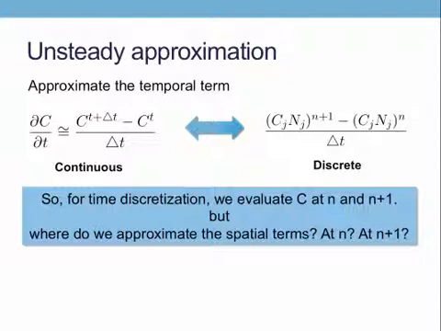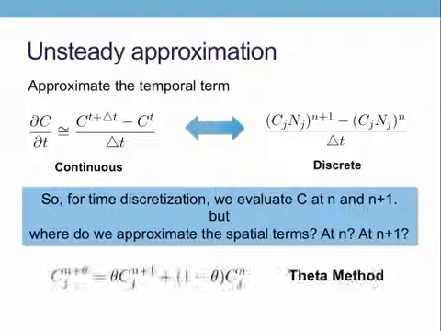Do we evaluate them at step n, or do we evaluate them at step n plus 1? Just as we did with the one-dimensional analysis, we're going to use the theta method, so that C of j at n plus theta is defined as theta times C of j at n plus 1 plus 1 minus theta times C of j at n. When we do this, we see that if theta is equal to 1, then all of the terms will be evaluated at step n plus 1.